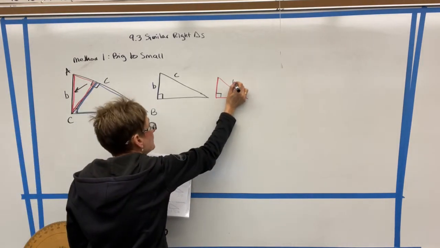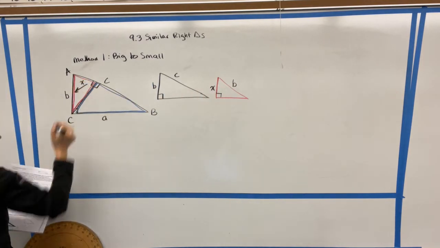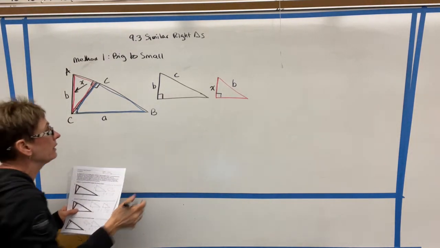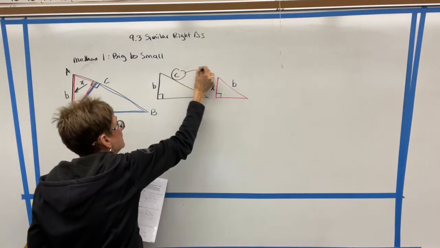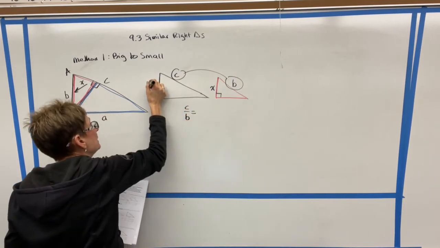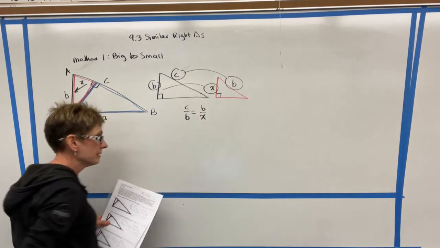So I'm going to call this B. And if I want to know the short leg, I'll just label it X. Because I've been told that these two triangles are similar, I can compare side to side. So C over B is going to be the same thing as B over X.